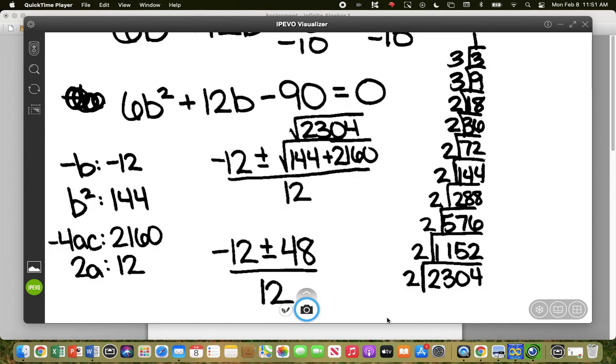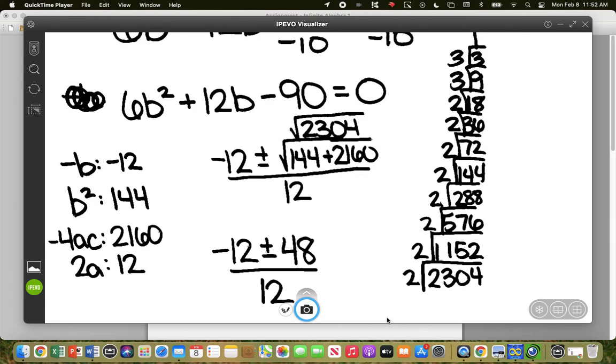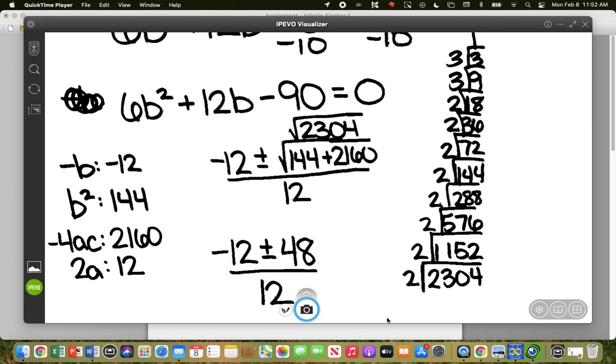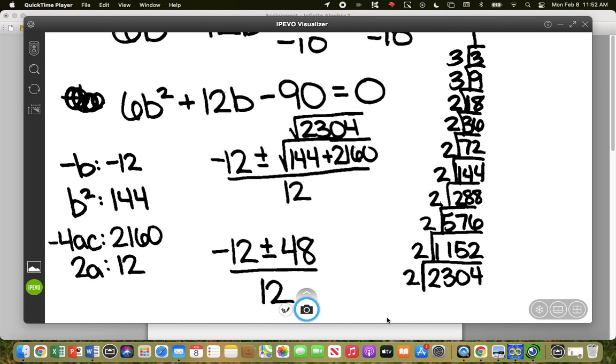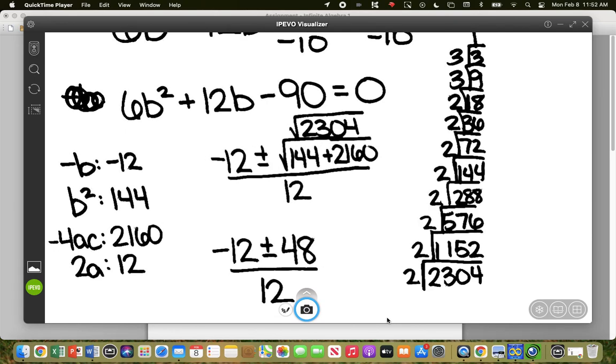Yes, Ben? Why would we divide by 12, like negative 12 plus minus 48? Why could we simplify it to negative 1 plus minus 4 over? I'm not there yet. Okay, I'm not there yet. But that's a good question. Okay. So I just wanted to see, because you have a square root button on your calculator. Not everybody does.